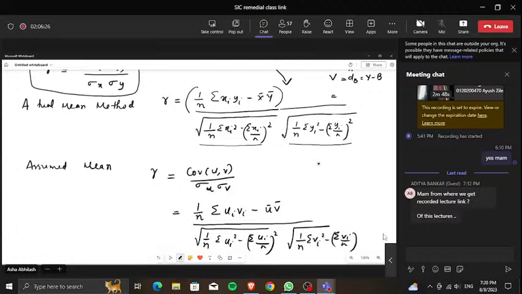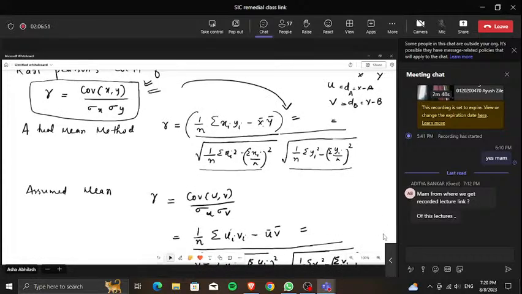So you just have to remember the covariance formula, and that repeats for the assumed mean. Nothing is different, because I have just taken directly the u and v form. So this formula is clear for finding correlation for the actual mean method and assumed mean method: covariance of xy by sigma x into sigma y. Clear?